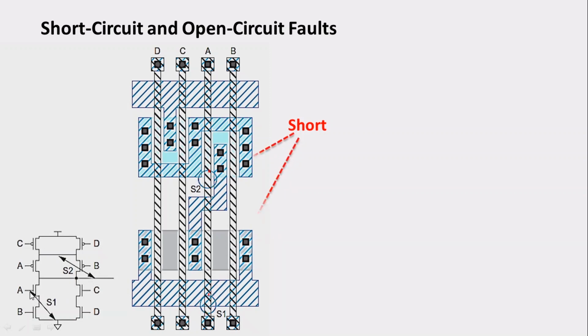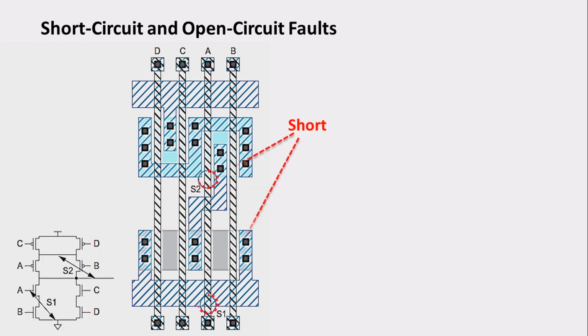Similarly, here input A and this ground are being shorted. These types of errors we can find in terms of the stuck-at model. This is an example for short circuit.